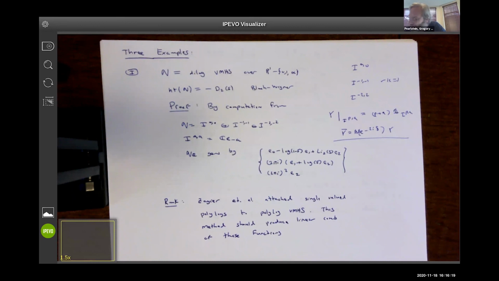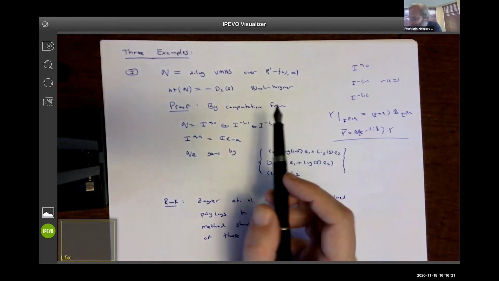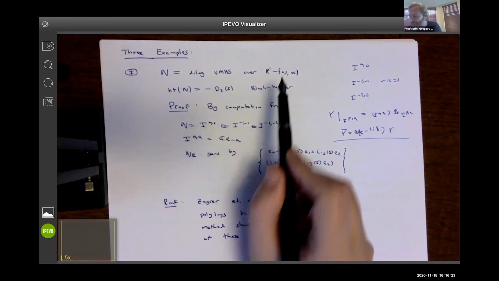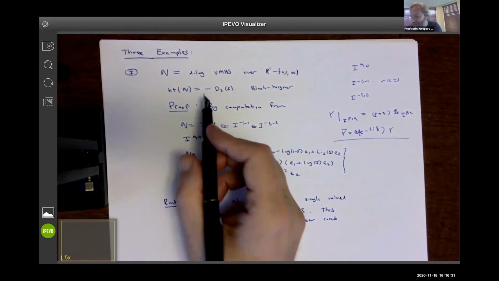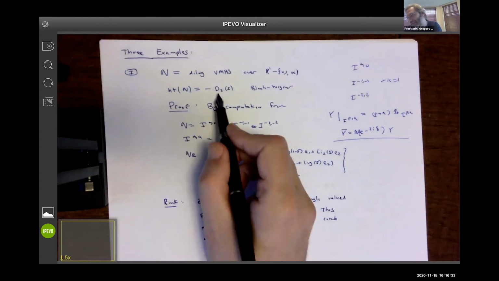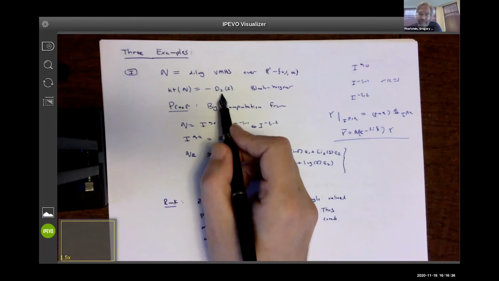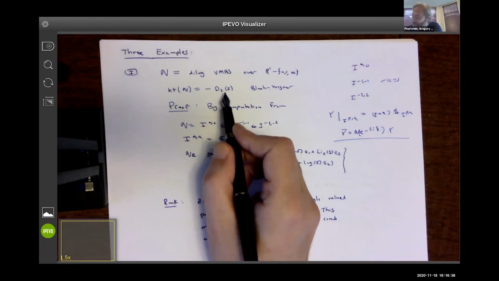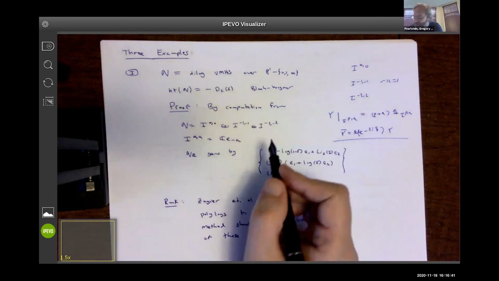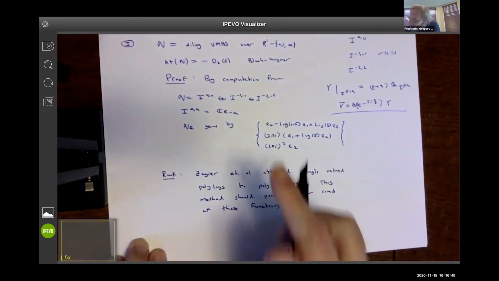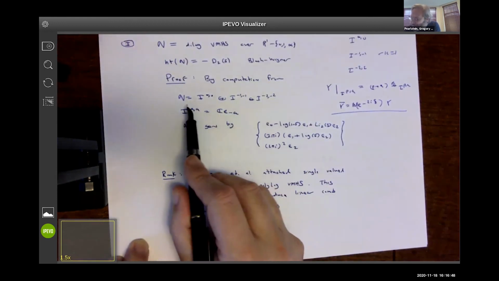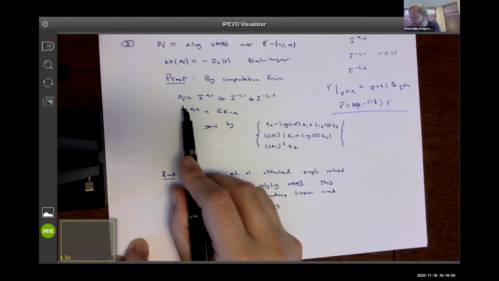Okay, so one of the basic examples of a variation over P1 minus 3 points is the dilogarithm variation. In this case, the height of V is actually minus the Bloch-Wigner dilogarithm. This computation is nothing special; we just have to write out an explicit description of the dilogarithm variation.